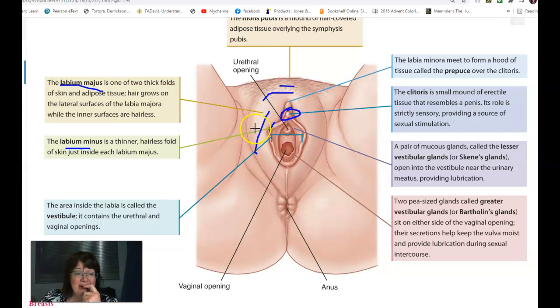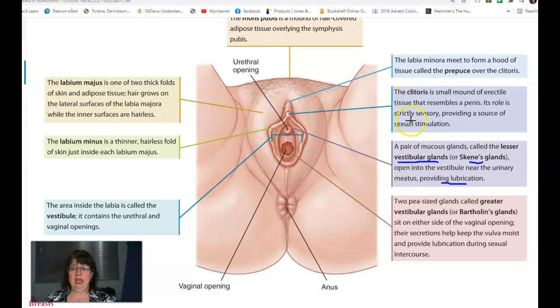Okay. Now inside the labia is the vestibule, and the vestibule is sort of the opening that contains all the other openings. Some things that we don't talk about often with females is the fact that there are lubrication glands, and you may not have heard of the vestibular glands, also called the Skene's glands, and this helps with fluid release and lubrication, and sometimes it's seen as the female ejaculation.